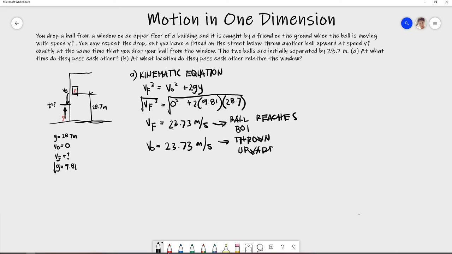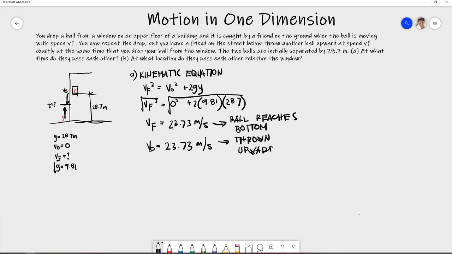So here we have the initial velocity when it is thrown upward, and here we have the final velocity of the first ball when it is thrown downward.